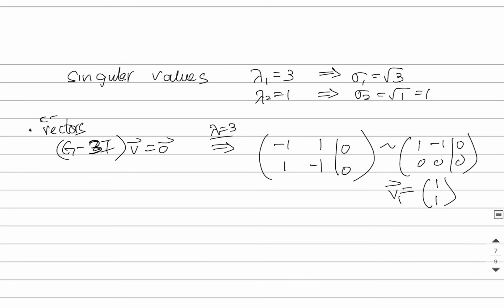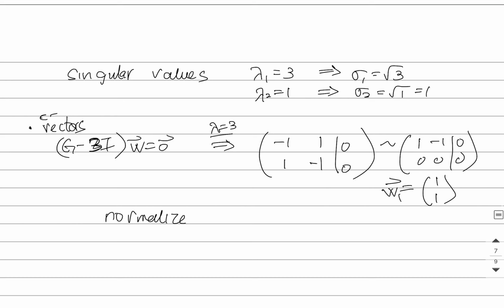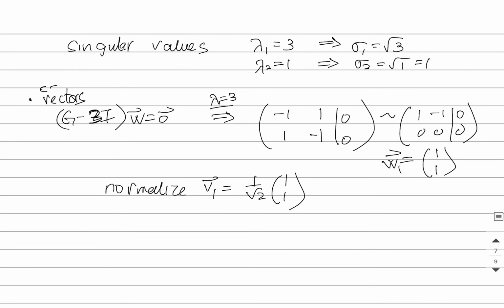Now, we want to normalize this. So perhaps we should call this W. And then V1 is just going to be 1 over root 2 times this 1, 1. That's the first eigenvector. Now, when lambda is equal to 1, what we'll get is 1, 1, 1, 1, 0, 0. You could row reduce this as follows.